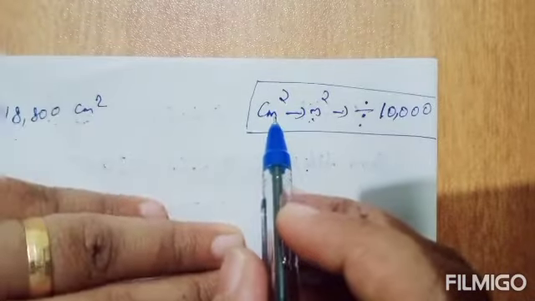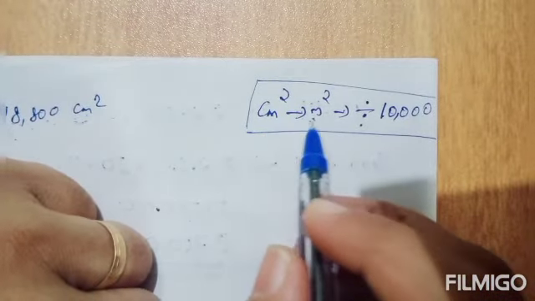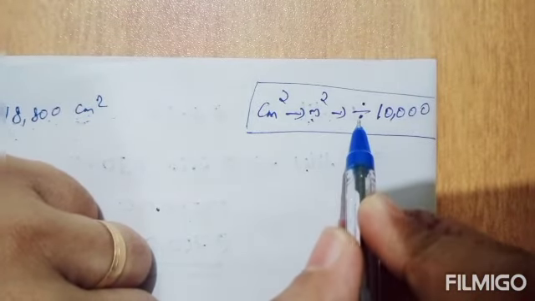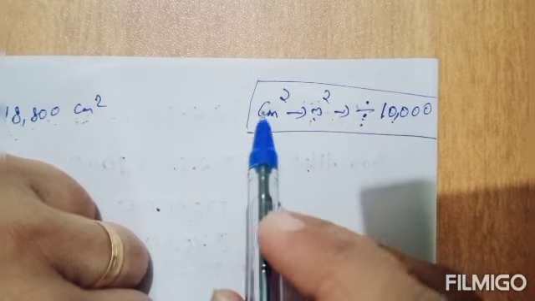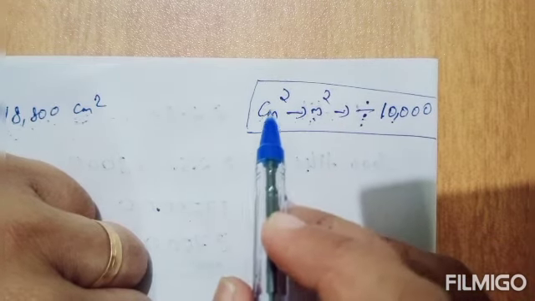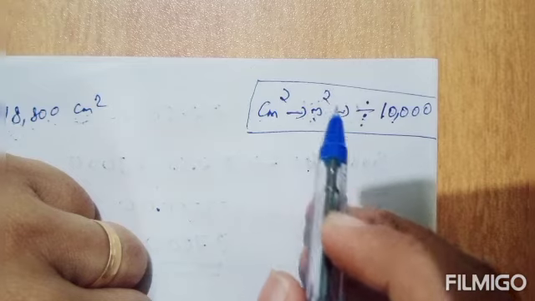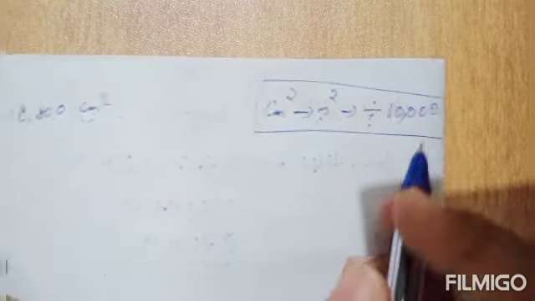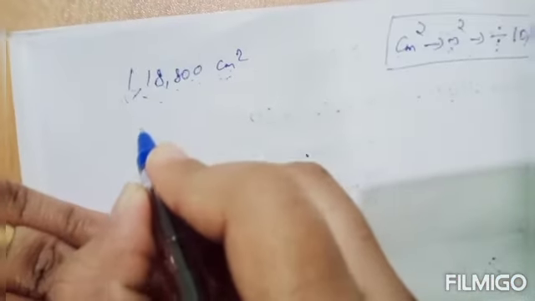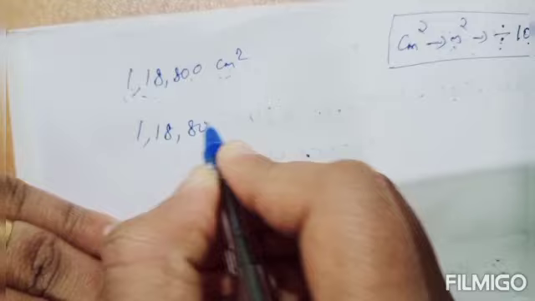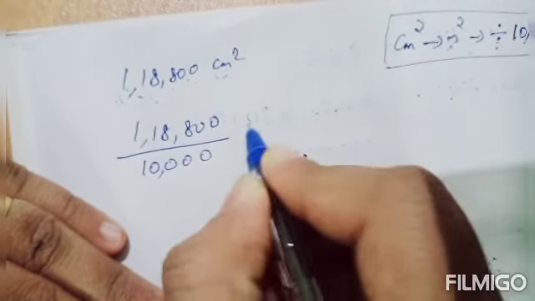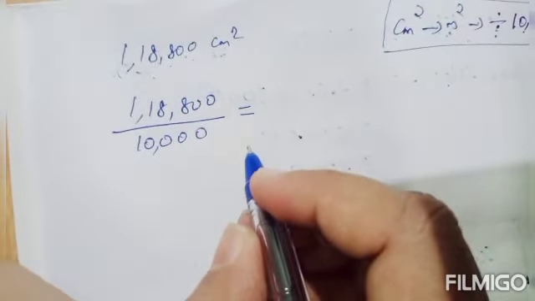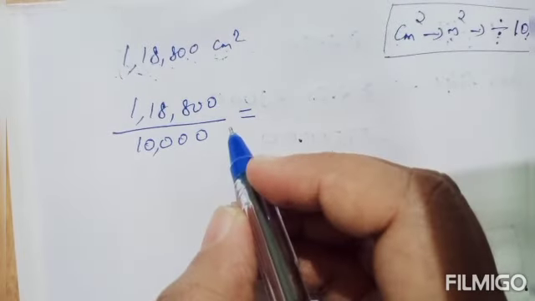In order to convert centimeter square to meter square, just divide by 10,000. Okay, remember this. So 1,18,800 you divide by 10,000, and you will get the answer in meter square or square meter.